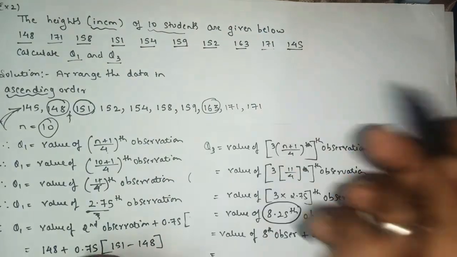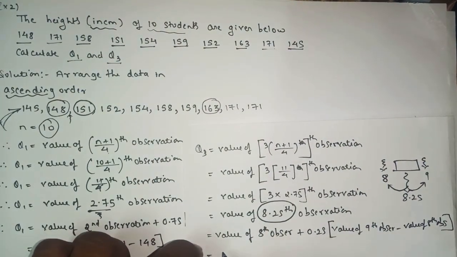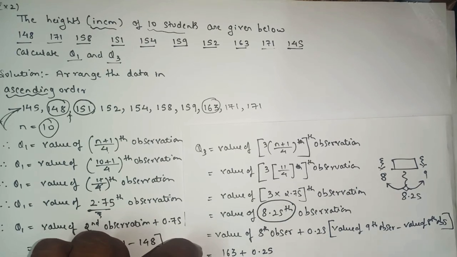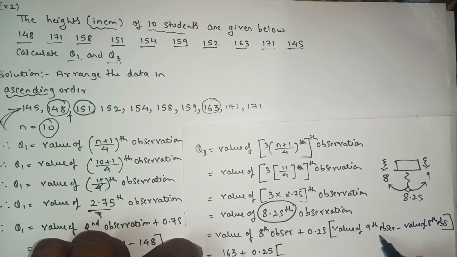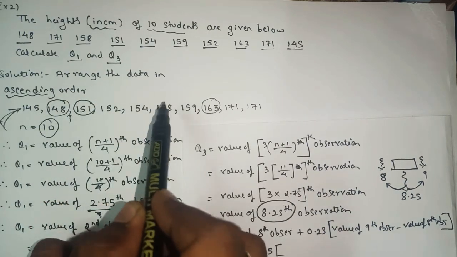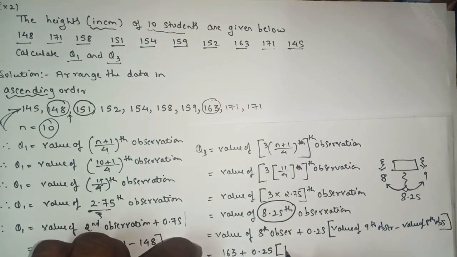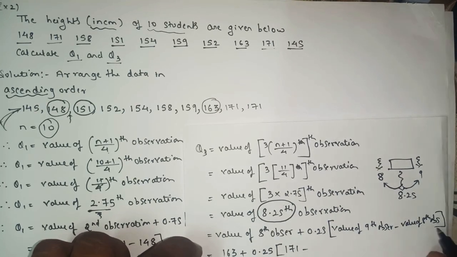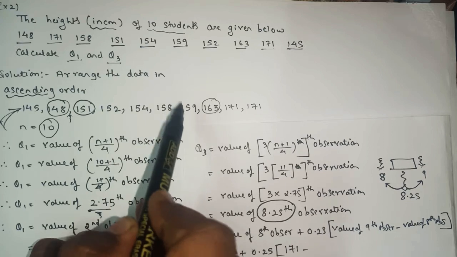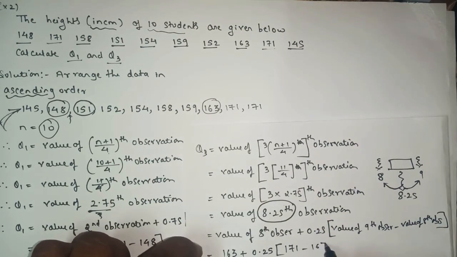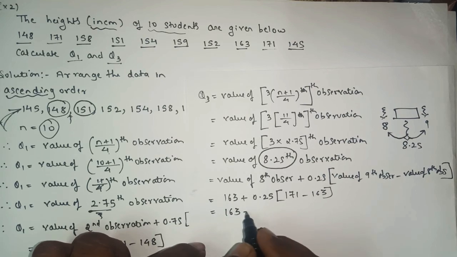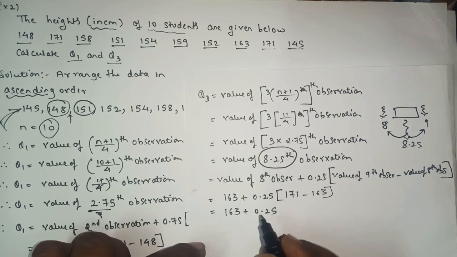So here it is 163. 163 plus 0.25 times the value of the ninth observation: 1, 2, 3, 4, 5, 6, 7, 8, 9. That is 171, minus the eighth observation: 1, 2, 3, 4, 5, 6, 7, 8. That is 163. Yes or no?